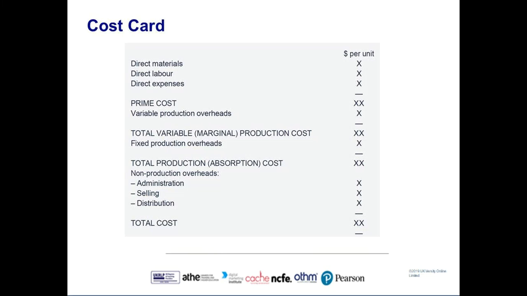That's why the company is always looking to reduce overhead costs. So total variable cost is the marginal production cost, and then we add fixed production overhead to get the total production cost. Then we can absorb this into each unit of production through absorption costing.